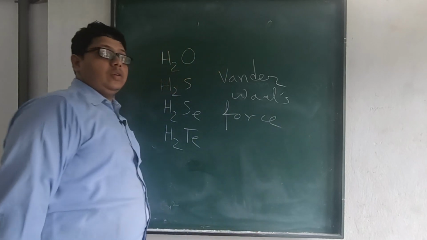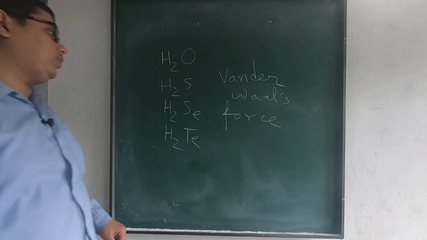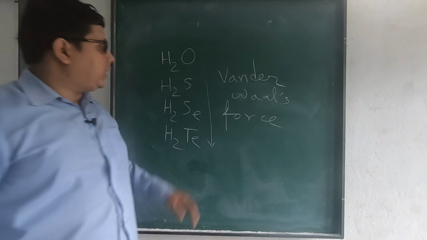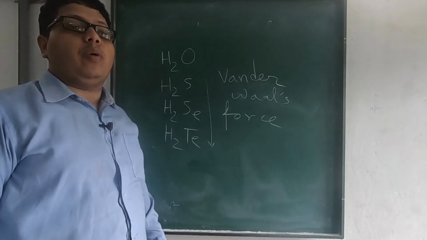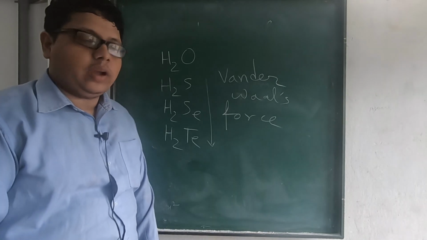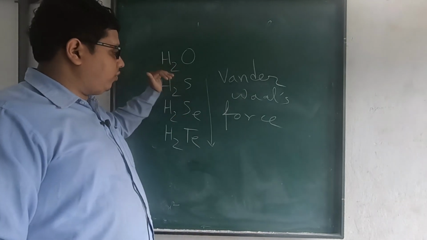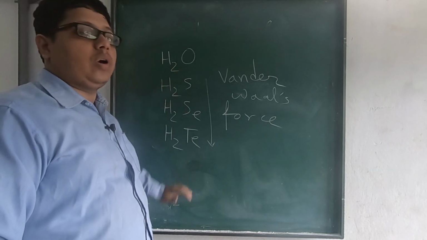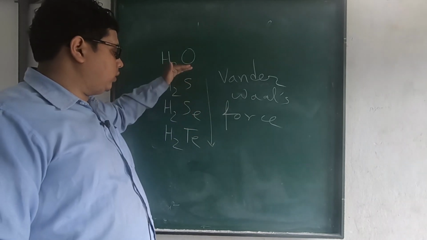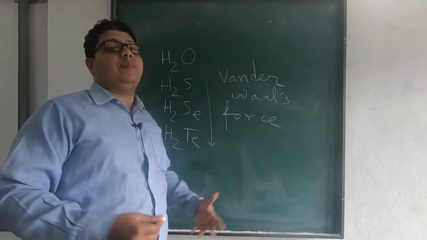As we go down the group, the boiling point and melting point will increase. Volatile means what? Vaporize, right? So they will not vaporize as easily as you go down the group. The volatility decreases.